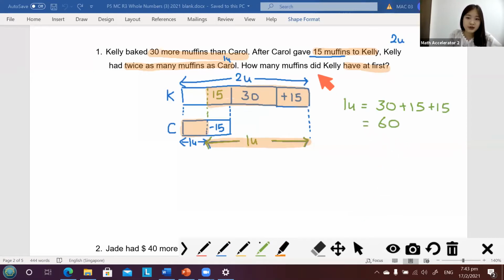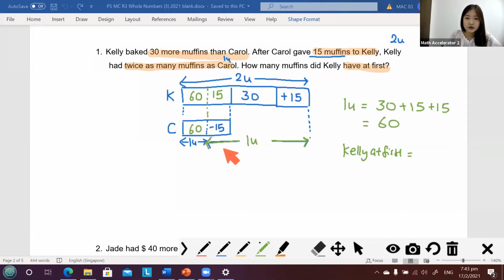So now, how many muffins did Kelly have at first? So Kelly at first. Look at Kelly's model. The 1 unit is this part here, 60. You can bring it up. This is 1 unit.